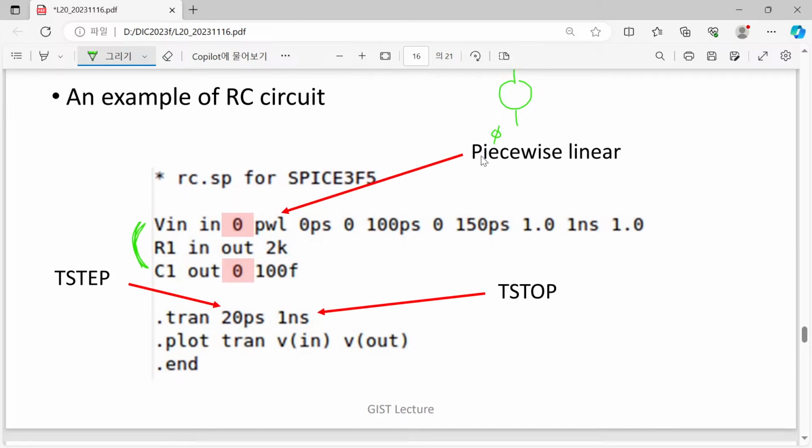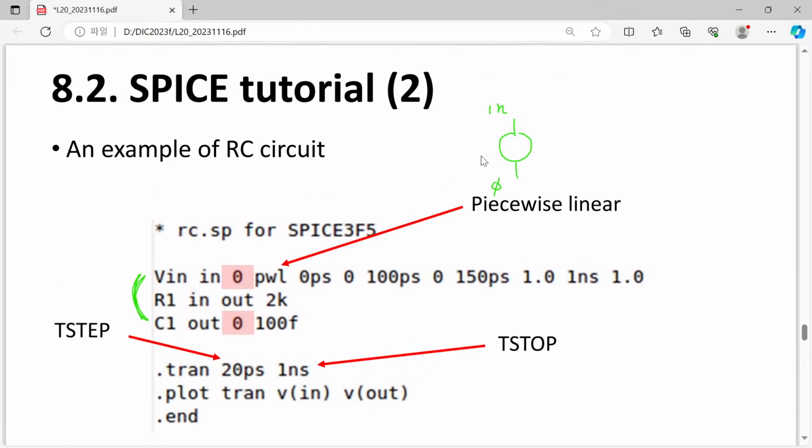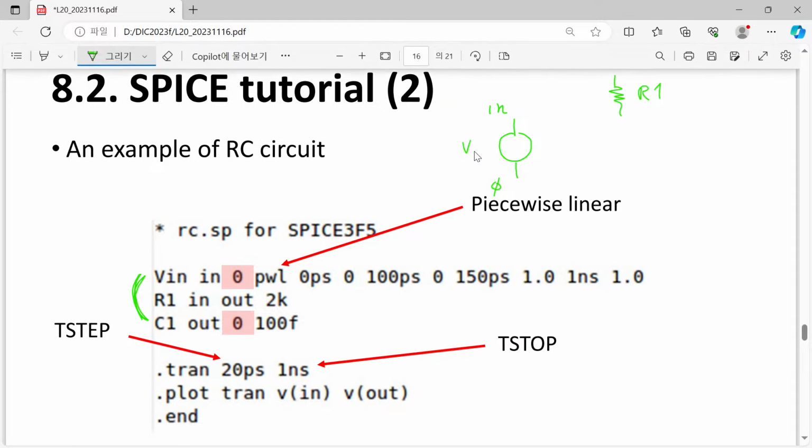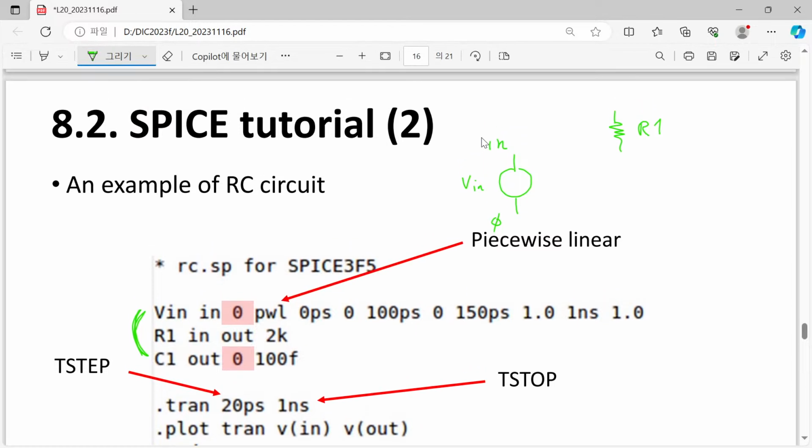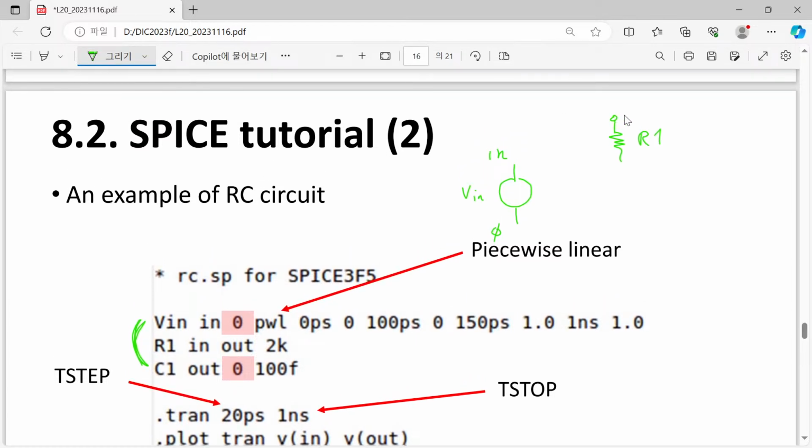And here we have an R1, and it is connected to in and out. And finally we have a C1, and it is connected to out and ground.